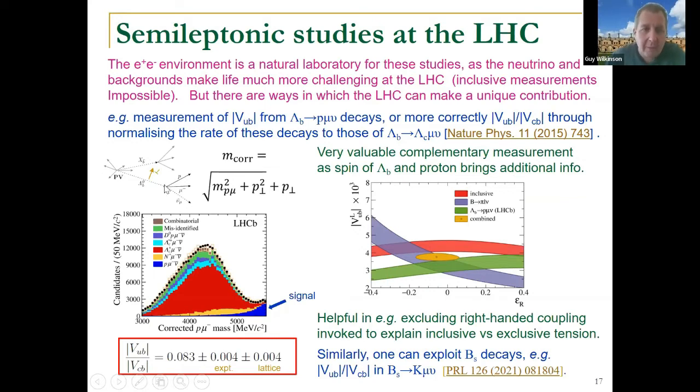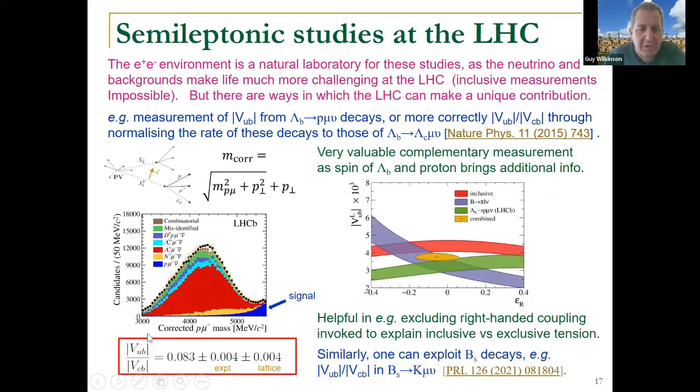This is a complicated analysis because it's semi-leptonic. We don't get all of the particles because there's a neutrino which escapes, but still one can form observables. This is the so-called corrected proton-muon mass, where you see here in blue the actual signal we're looking for, this charmless B decay signal, and this can be fitted and extracted.